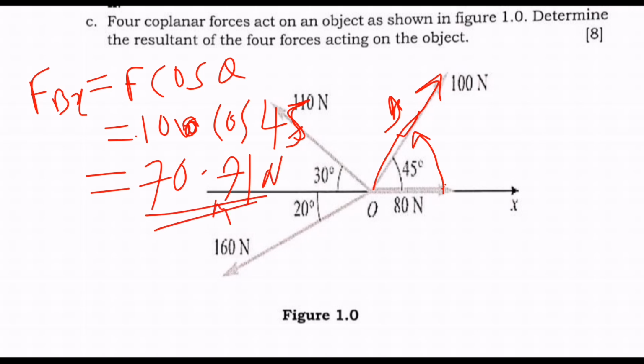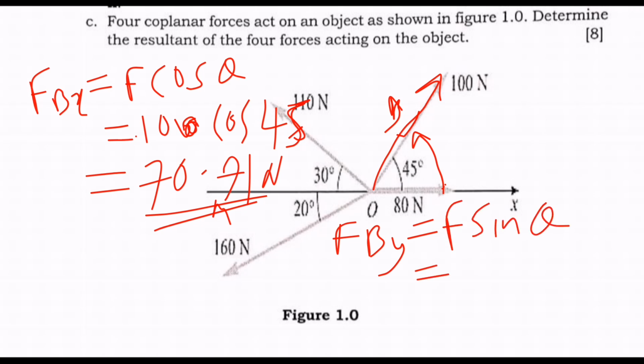Let's go to our Y component. So it is FBY. Our Y component is force sin theta. We just repeat the same thing. So force is 100 sine 45.